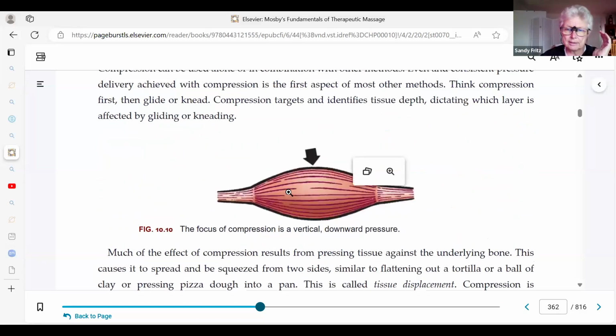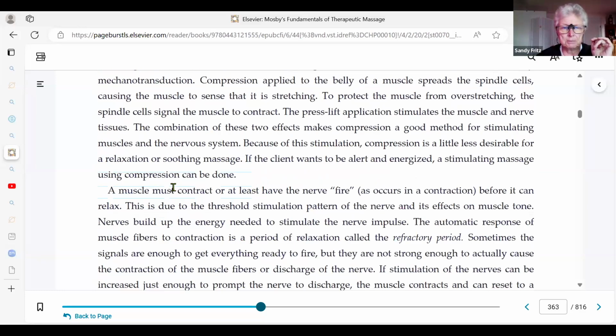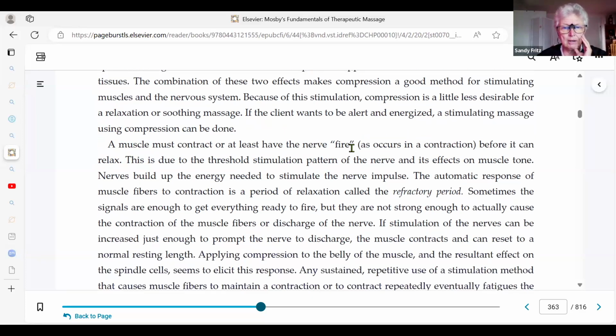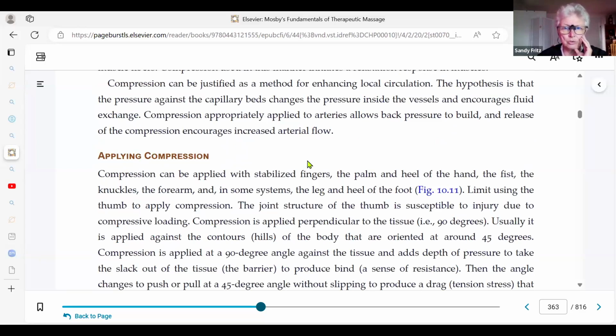Direct pressure is a common way that people will do an intervention or try to change a trigger point. So sometimes you'll see that connection of words. The theories of effect. This is our evidence-informed idea of how we think it works, and then how to.